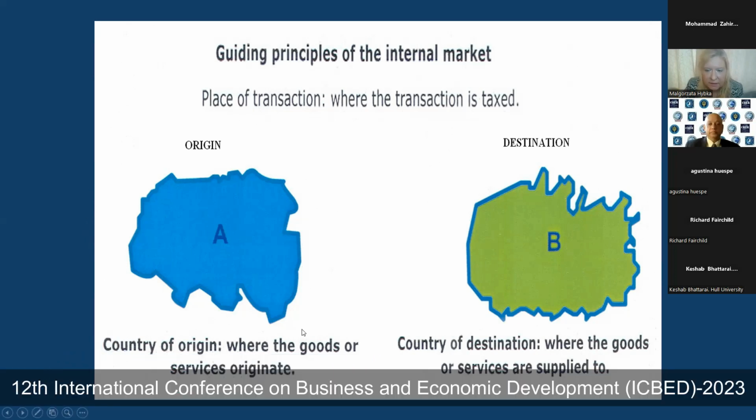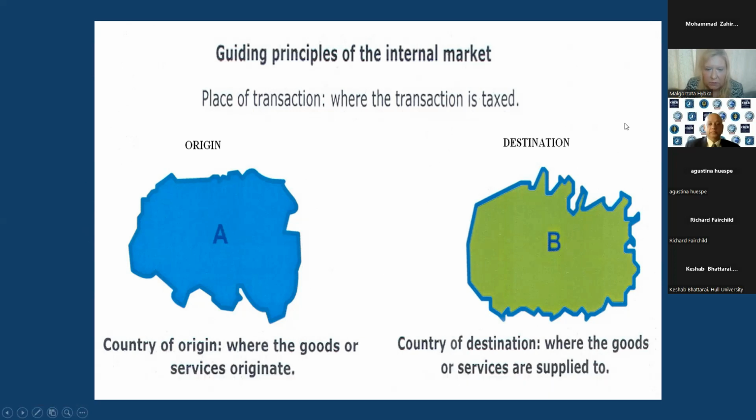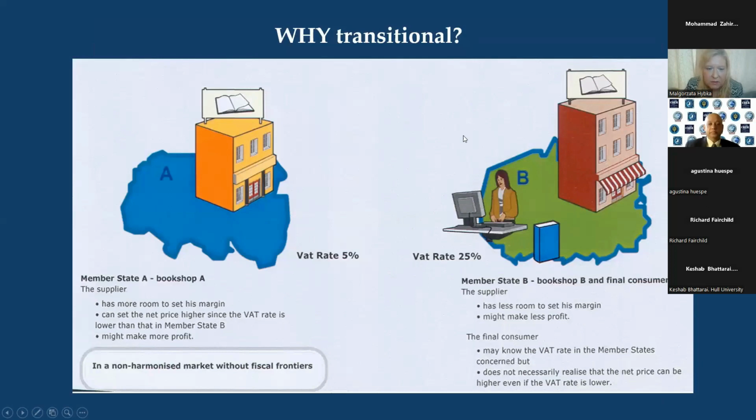But then a discussion started, and the European Union noticed that such a system based on taxation in the country of origin only would have very negative implications. And those are partially presented on that slide. What would happen if you have taxation in the country of origin?